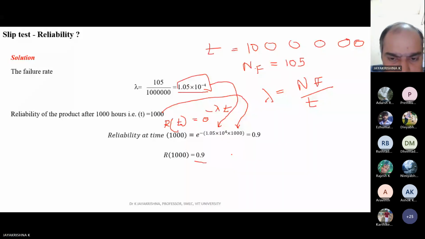That means 90% of the items are successful when time t equal to 1000. Okay, so that's how we calculate reliability.